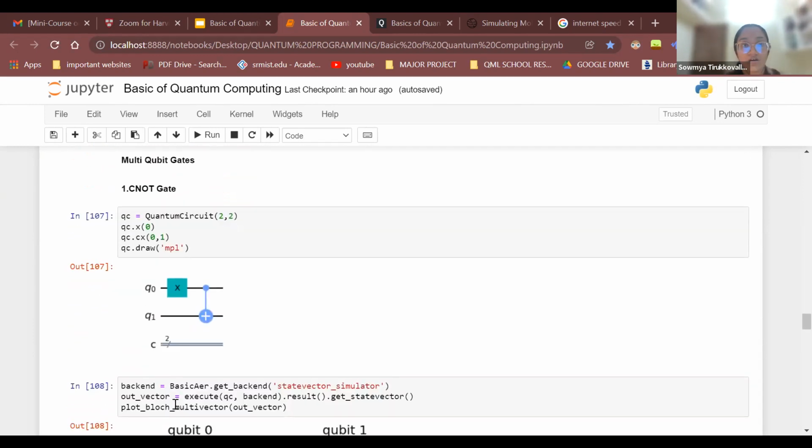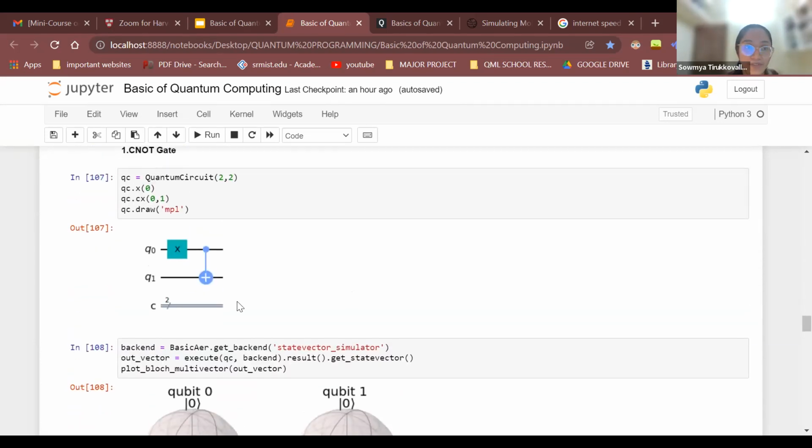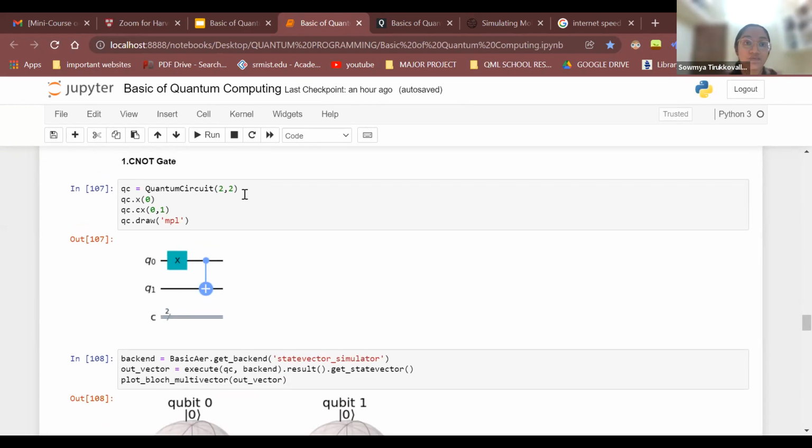So the CNOT gate is represented by this symbol in Qiskit. So you have two qubits. I've taken a two qubit circuit and two classical bits. So you have an X gate, which is performed on the first qubit, which is represented by Q0. And then I've applied a CNOT gate with the first qubit as the control qubit, and the second qubit as the target qubit.